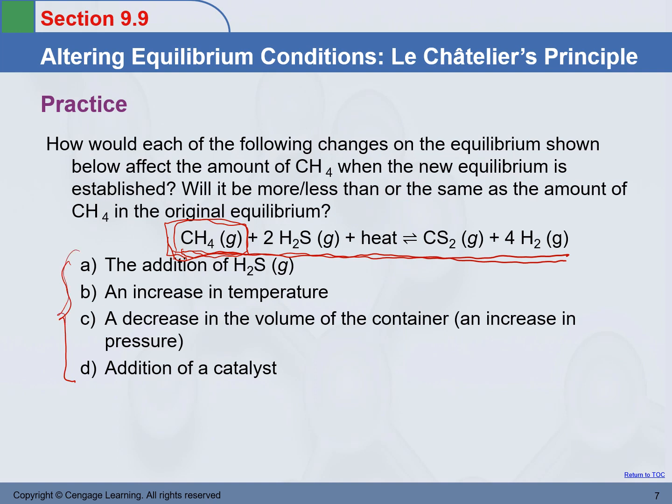Then one of these changes is applied, either A, B, C, or D. Once a change is applied to an equilibrium, the system is going to respond according to Le Chatelier's principle. Given some time, a new equilibrium is going to be established. It is asking what you know about the amount of CH4 under the new equilibrium compared with the original amount. Is it more than that, less than that, or the same?